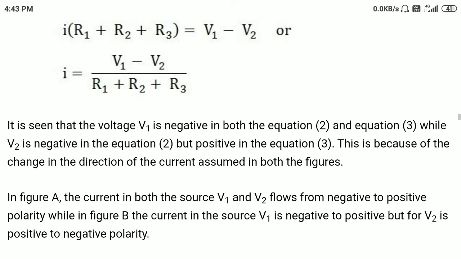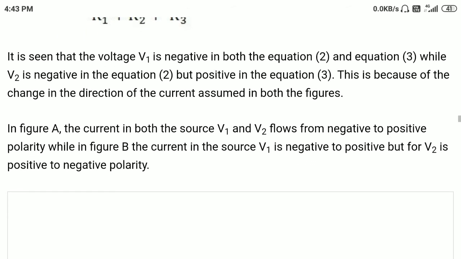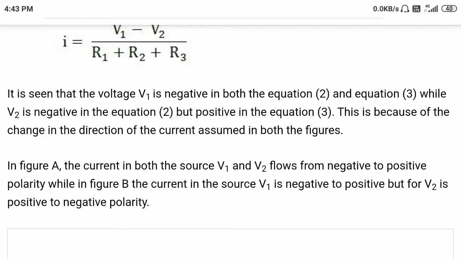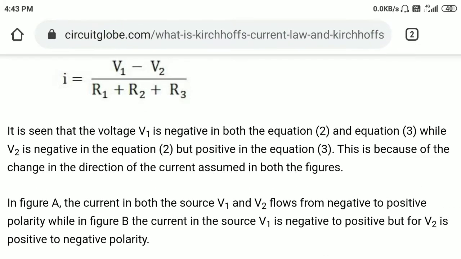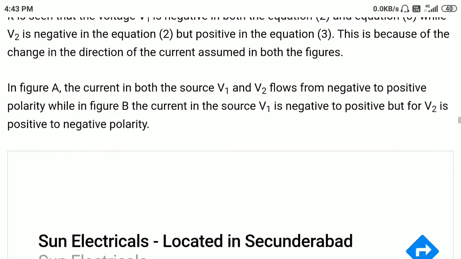So in figure A, the current in both sources V1 and V2 flows from the negative to positive polarity, while in figure B the current in the source V1 is negative to positive, but for V2 is positive to negative polarity.